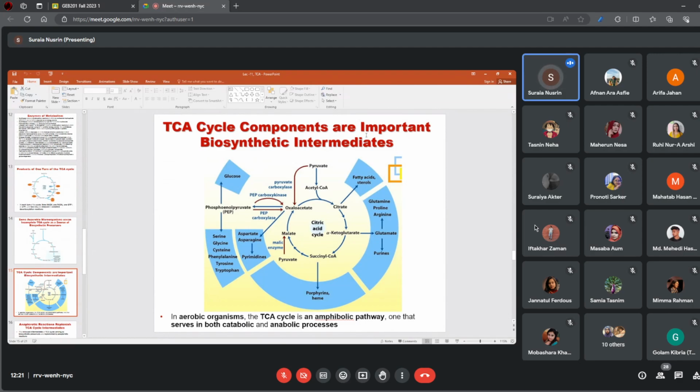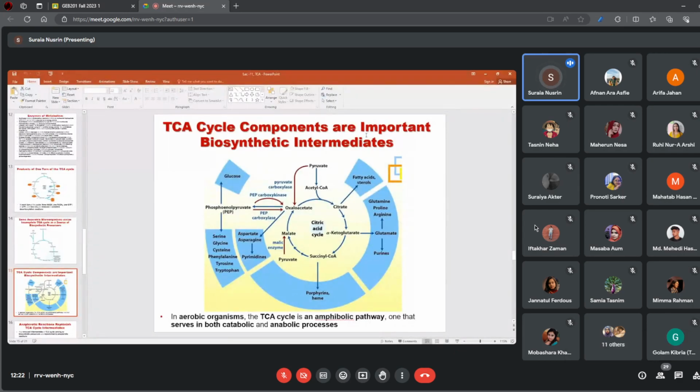So we can say that in aerobic organisms, the TCA cycle is an amphibolic pathway. That means it has features of both anabolic and catabolic processes. The catabolic process gives rise to the production of NADH, FADH2, GTP.